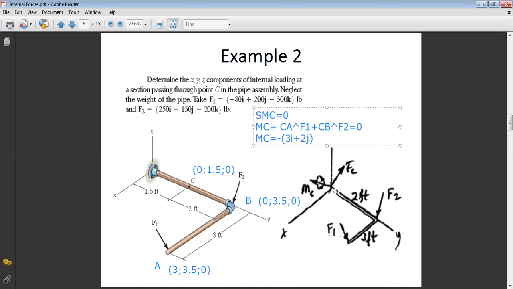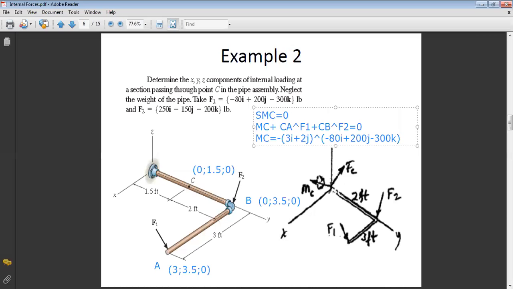CA vectorial F1, I replace F1 by its expression, which is minus 80i plus 200j and minus 300k. This is my first term, and I will do minus CB vectorial F2.